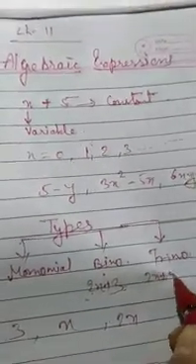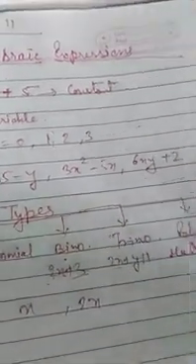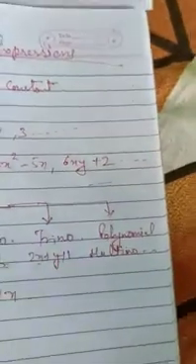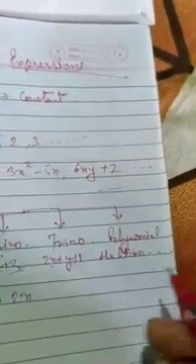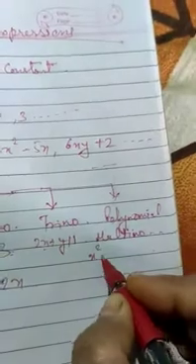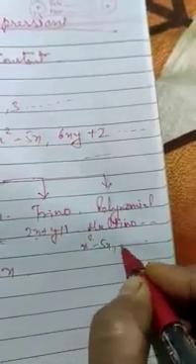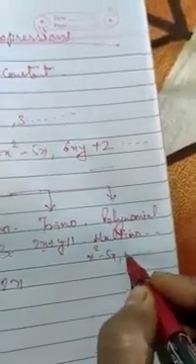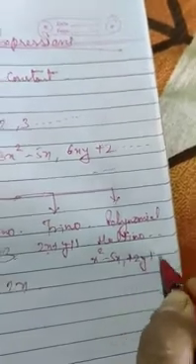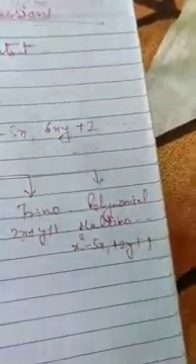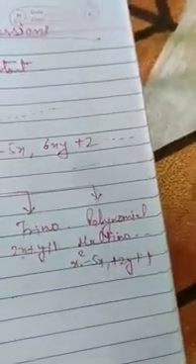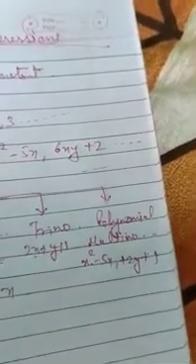Trinomial, 2x plus y plus 1, containing 3 terms. Polynomial means more than 3 terms. You can write any algebraic expression: x square, 5x plus 2y plus 1, that is 1, 2, 3, 4 terms. So you can see this is a multinomial, or you can say polynomial.